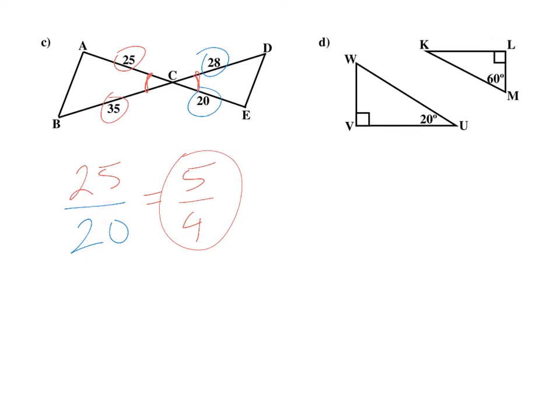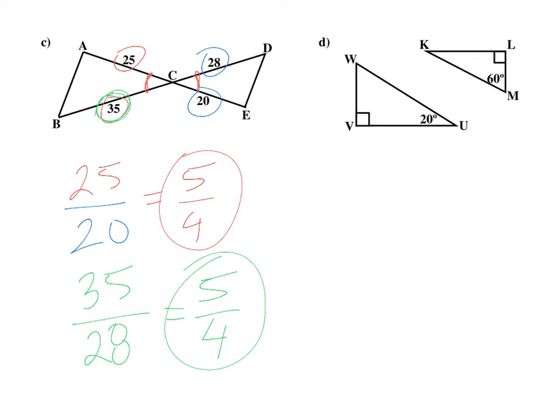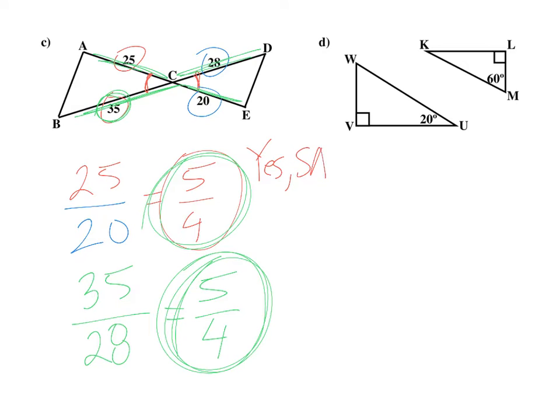Let's look at the 35 now. I'm going to put that over 28. What does this reduce to? 5/4 as well. Since these ratios are equal, and these are the ratios constructed using the sides that make up the angles that are congruent, I could say the triangles are similar by SAS.